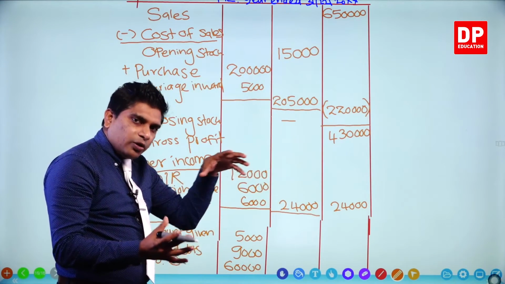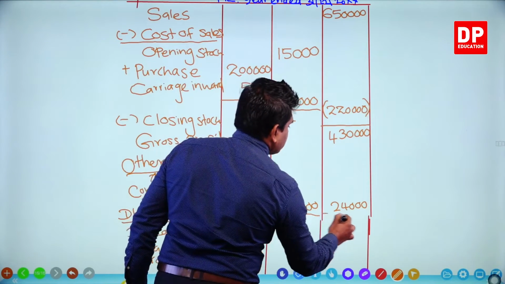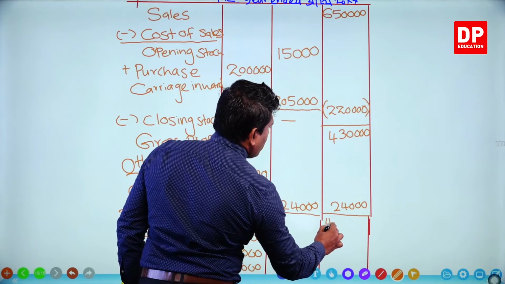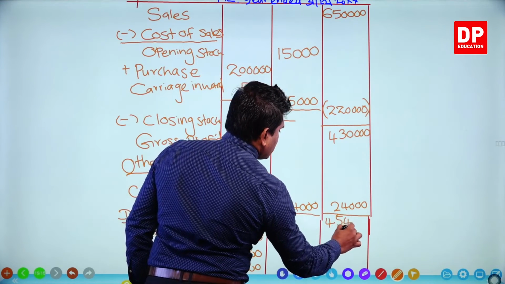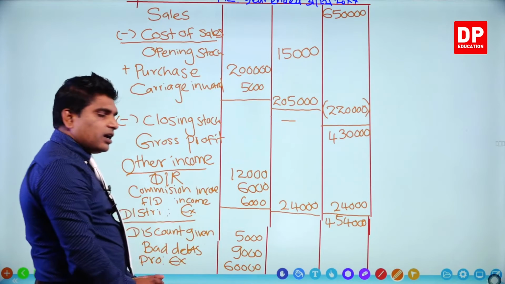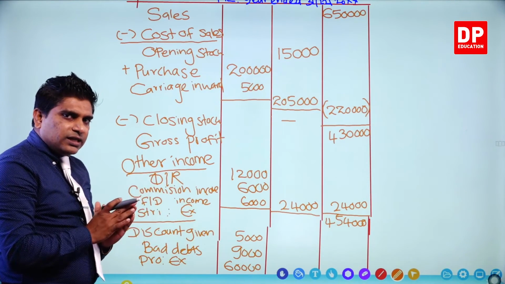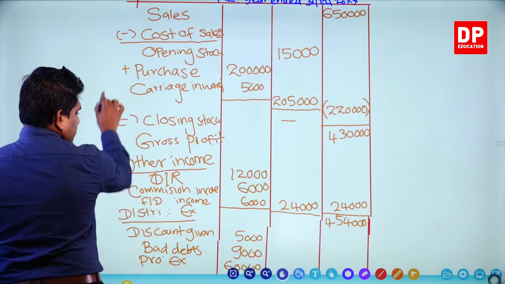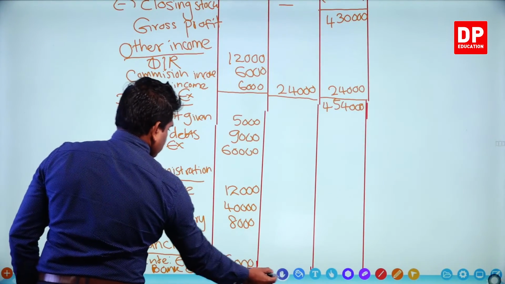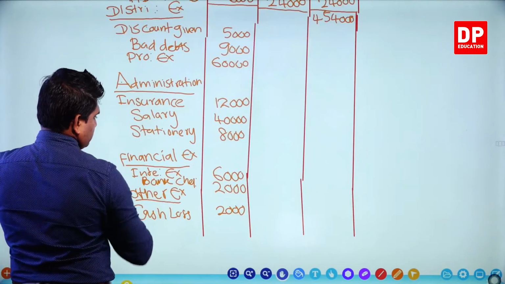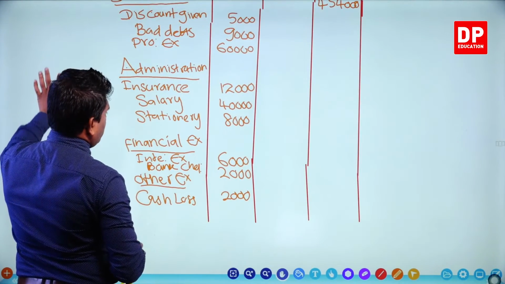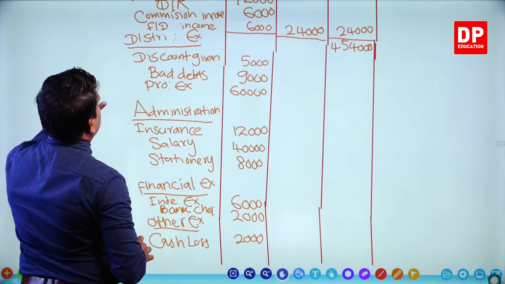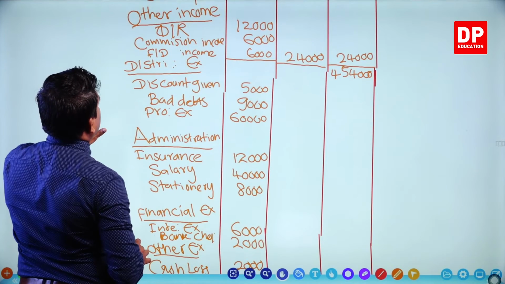Then you have to add these all. 454,000 is the total income. Now one by one you get the total of each expense category.